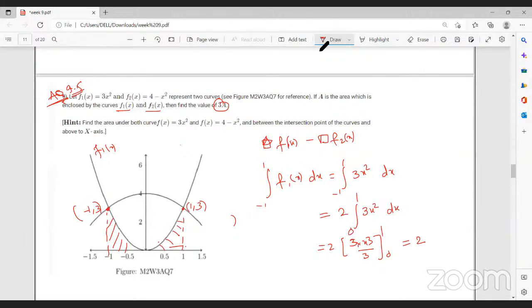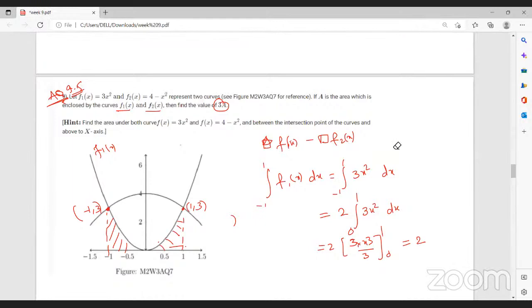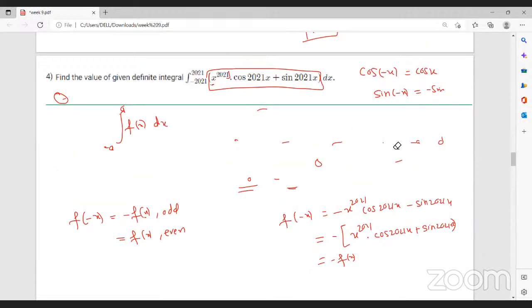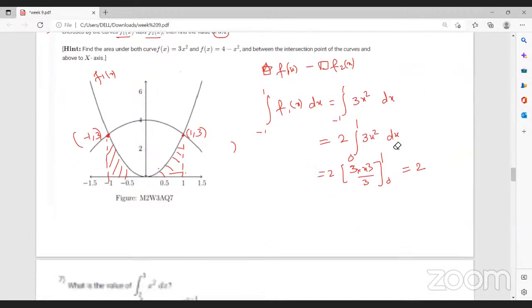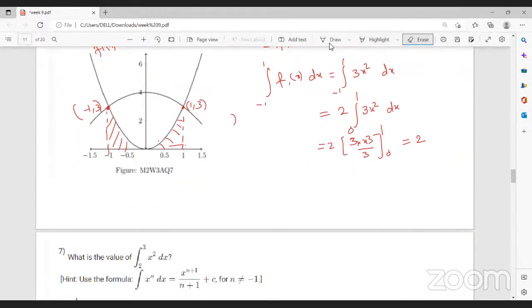How did we change that limit for that even function? I think it's some basics that I'm missing. In the previous example we have discussed this. So suppose we have integral minus a to a f of x dx.